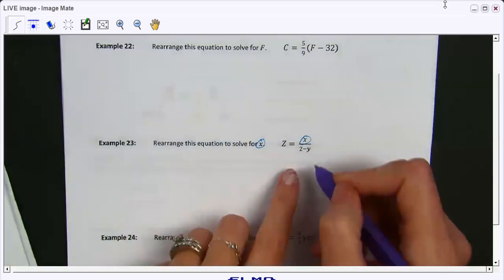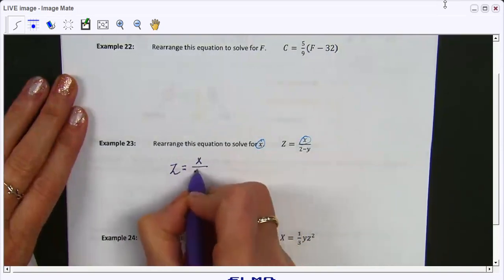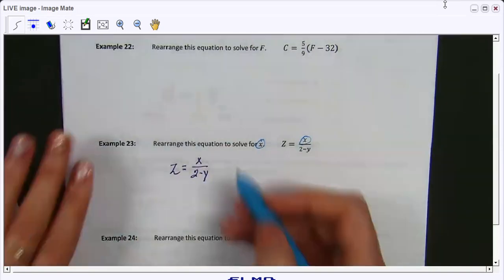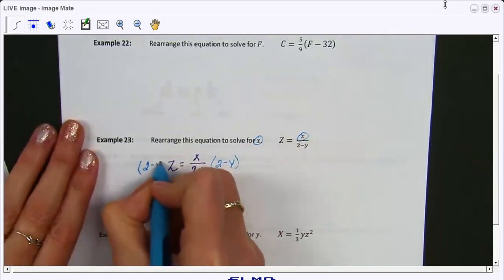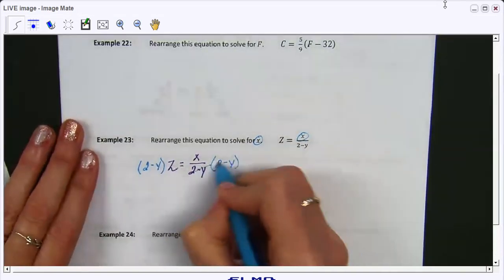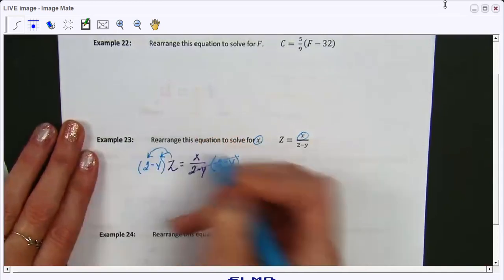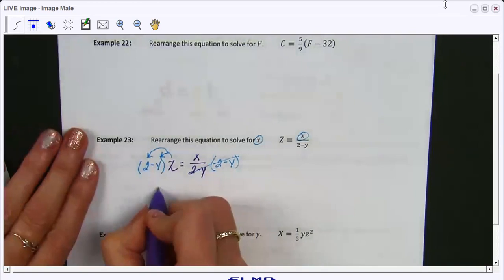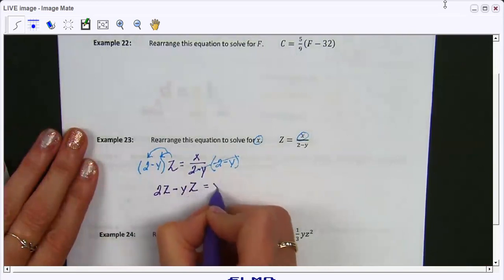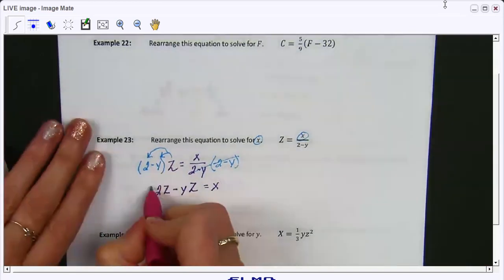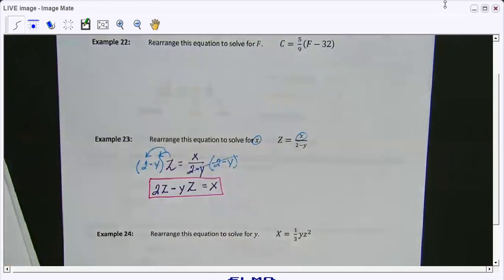So what we have to do is get rid of the 2 minus Y. And when you do that, you're actually multiplying this whole thing by 2 minus Y. And then you're distributing your Z. So it's 2Z minus YZ equals X. You have one like that on the homework, so I want to make sure we get to that one.